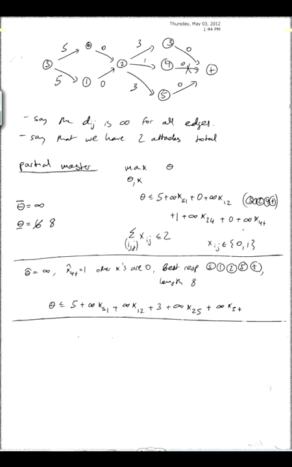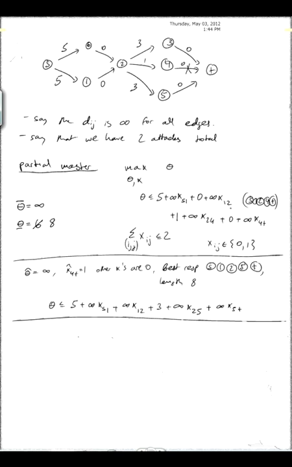The next time through the loop, the upper bound and lower bound are still far away from each other. When we go to solve the partial master, we're still trying to maximize theta, but now there are two things stopping theta from being big: this first constraint here and this second constraint. So how can we get theta to be very big? We have to get both of these right-hand sides to be big. Let's think about that for a little bit. How can we do that?